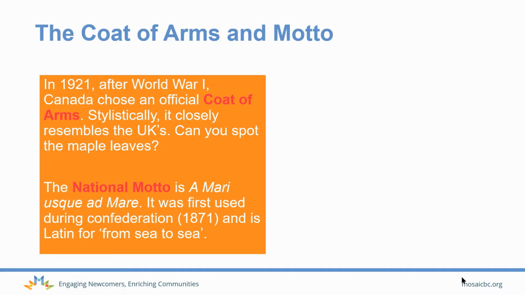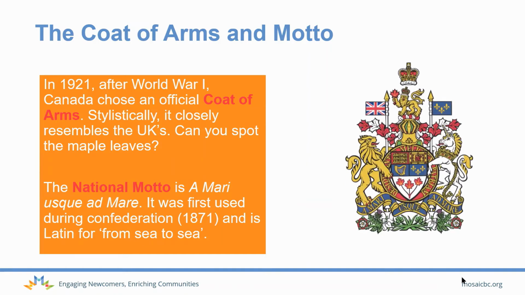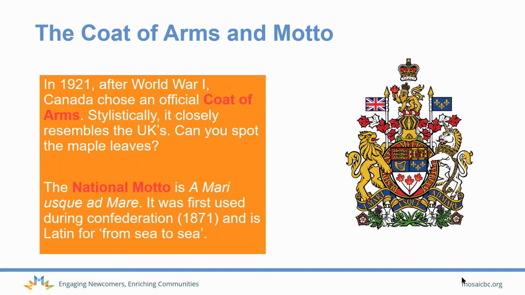And then you have the coat of arms and mottos. This is a symbol that has been there since World War I, and it's closely related to the one of the UK.